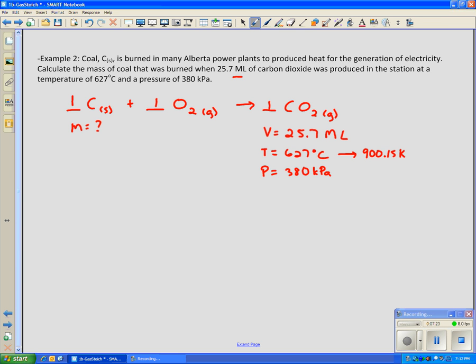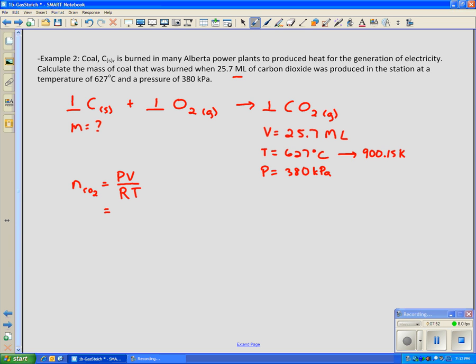So first step, now that we have our balanced equation and all of our givens, is to calculate the moles of our given substance. So that's the CO2. So moles of CO2 has to come from the ideal gas law because we have non-standard conditions. So when you rearrange to solve for n, we would have pressure and volume on the top and R and T on the bottom.